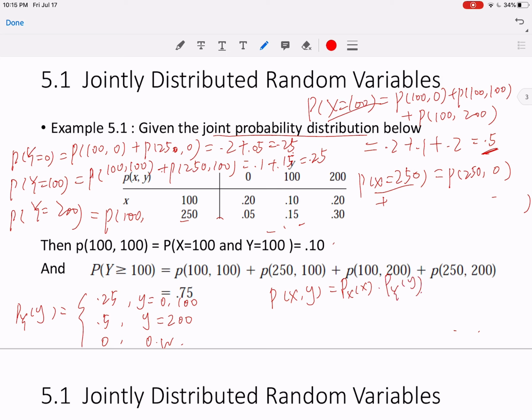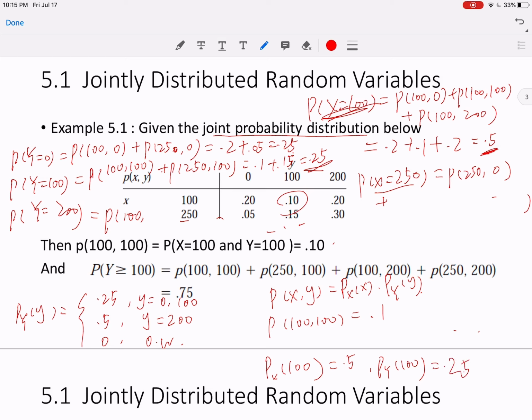So we can just go ahead and pick an arbitrary pair. What's the probability of (100, 100)? Based on the probability distribution here, it is equal to 0.1. Then the probability that X is equal to 100 is, as we got here, 0.5. And the probability that Y is equal to 100 is 0.25.